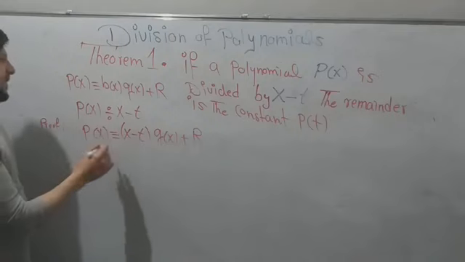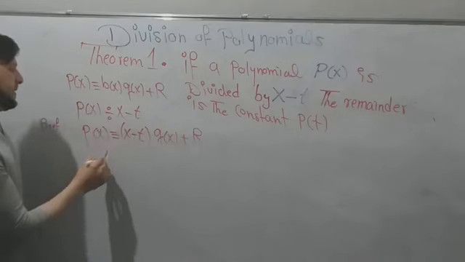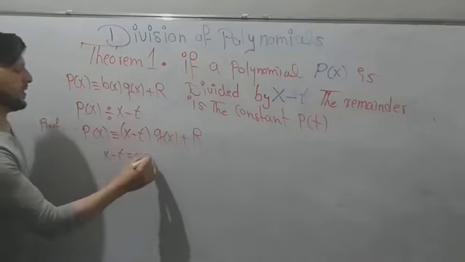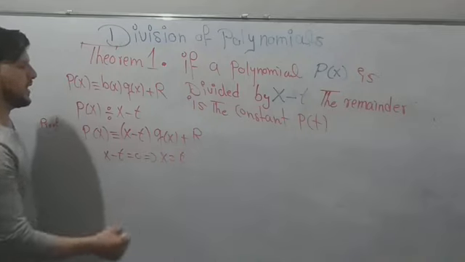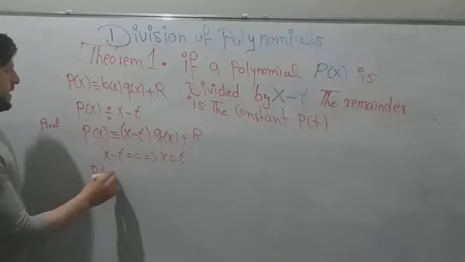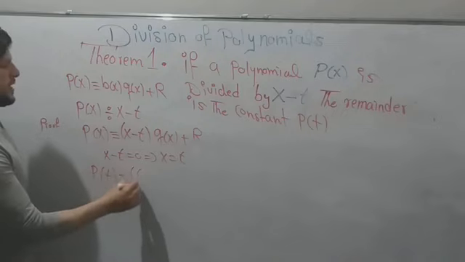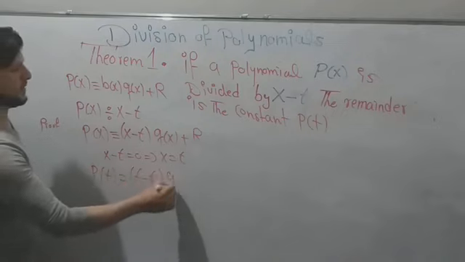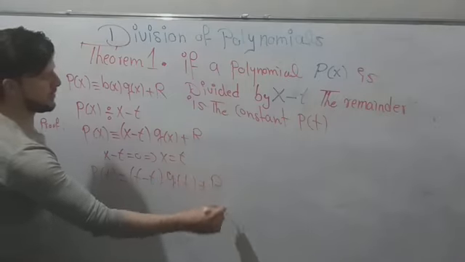So if you put x minus t equal to 0, the reason is x is equal to t. So put t instead of x. p(t) is equal to t minus t, q(t), plus r.